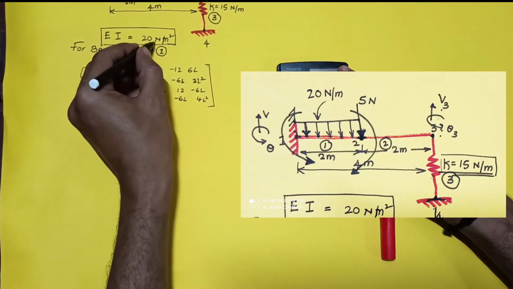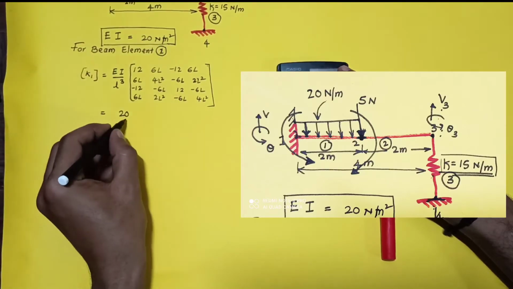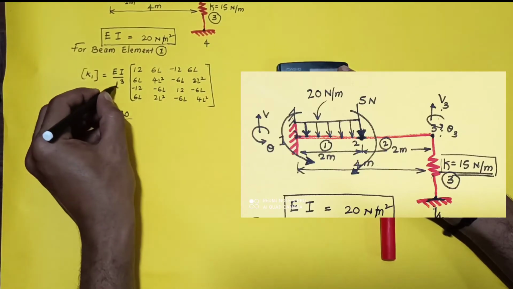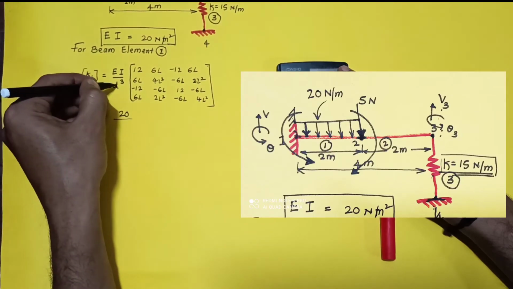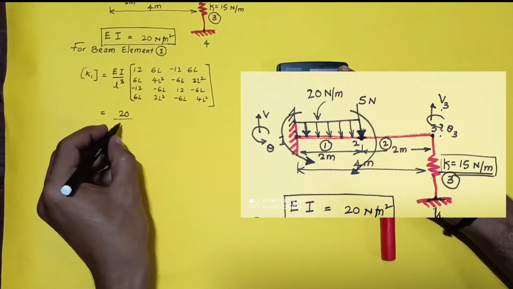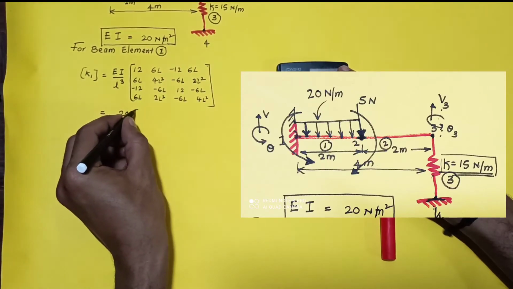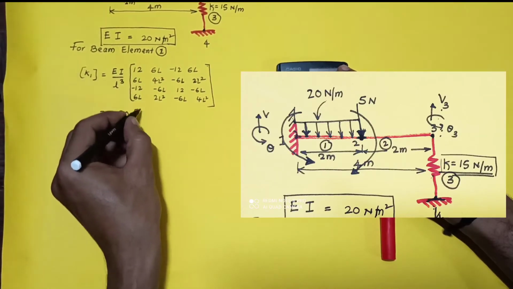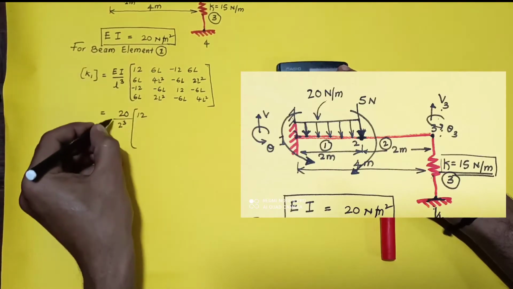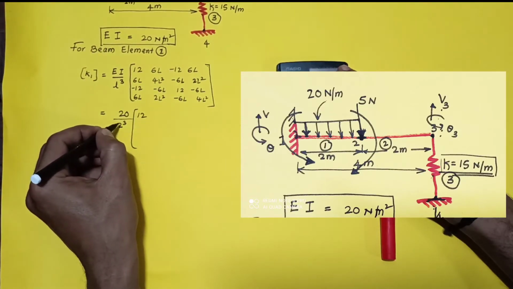So EI is 20 Newton meter square by length cubed. The length for element 1 is 2 meter, so 2 power of 3. Now the first row is 12, 6L, minus 12, 6L.